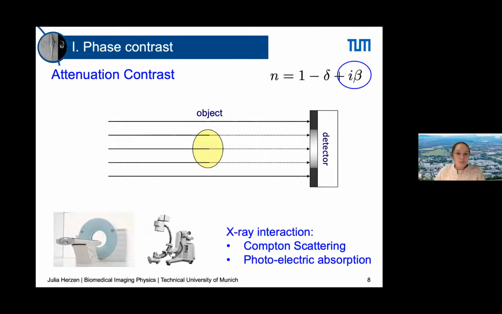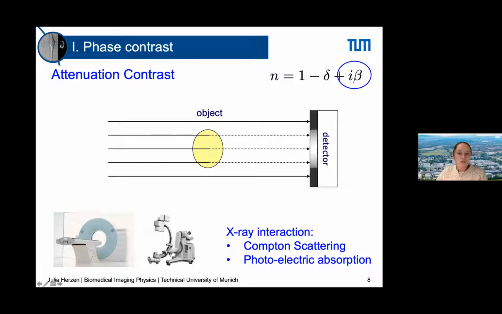Of course, we know that similar effects happen in the X-ray regime. For attenuation, we have an object which we describe with the complex refractive index, and we know that the imaginary part will be responsible for the attenuation, which is used in the clinics mainly at the moment.